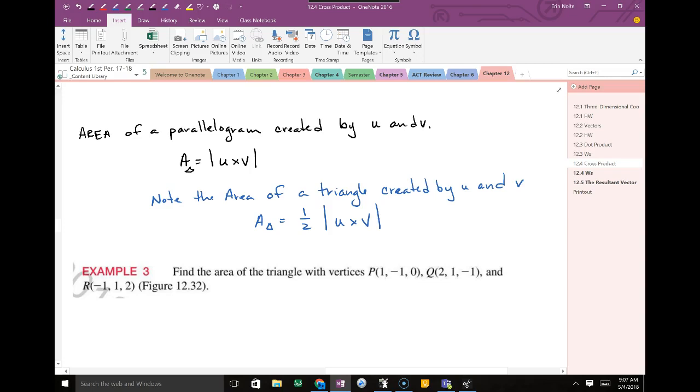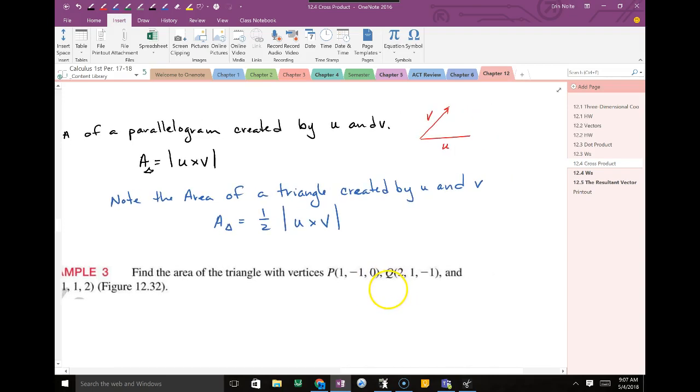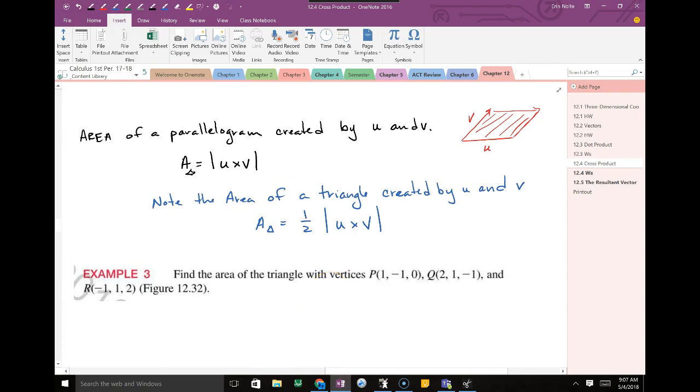Let's say we had vector v and vector u. If we create a parallelogram out of this, we are able to find its area. All you have to do to find the area is take the magnitude of that perpendicular vector.